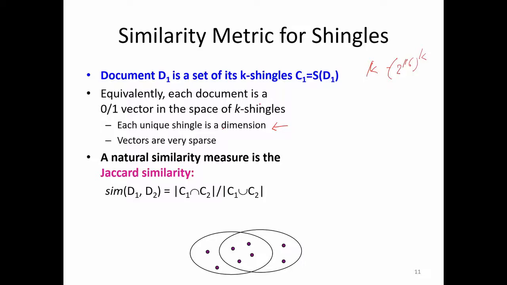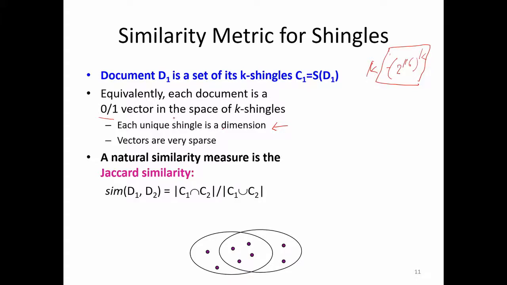Your document was all this very noisy variable length text, and it need not be just text. There may be URLs, there may be symbols, there may be images, all these things. But by this shingling method, you have boiled it down to a 0 1 vector in this 2 to the power 16 to the power k space, where each dimension is a unique shingle.